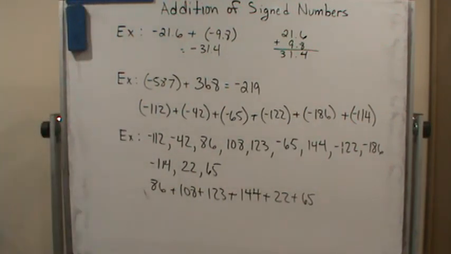So what do we get for the negative ones? Let me get my calculator.